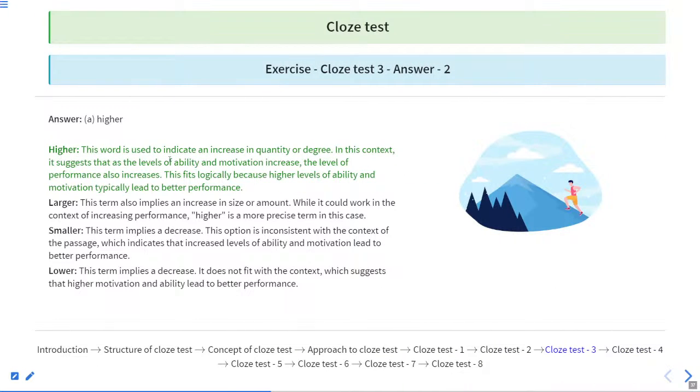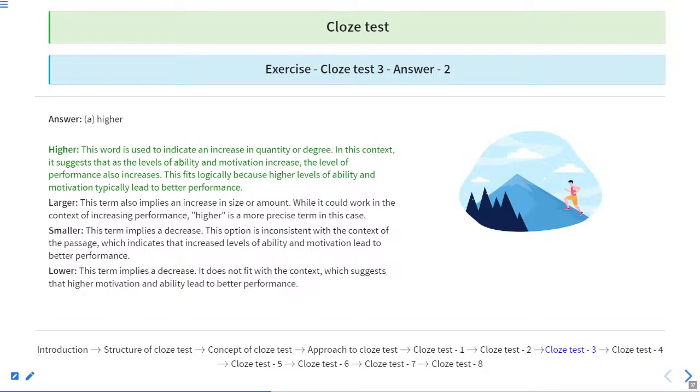So, why do we use higher? This word indicates an increase in quantity or degree. So, the level of ability and motivation is being increased here. So, the level of performance increases when the motivation increases. So, this particular sentence fits in with the higher level of ability and motivation leading to better performance. Therefore, the word higher seems to be suitable here.